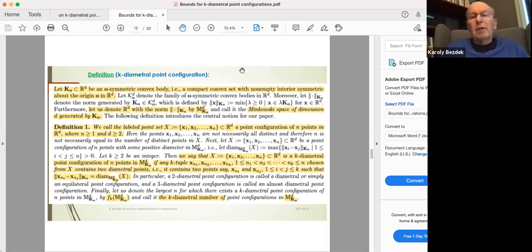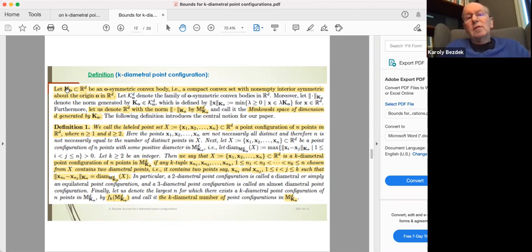So the first paragraph here just refreshes our knowledge that a d-dimensional Minkowski space I imagine as R^d equipped with a norm. And geometrically, that means that I choose an origin symmetric convex body in R^d. And I think of that origin symmetric convex body as the unit ball of my norm.